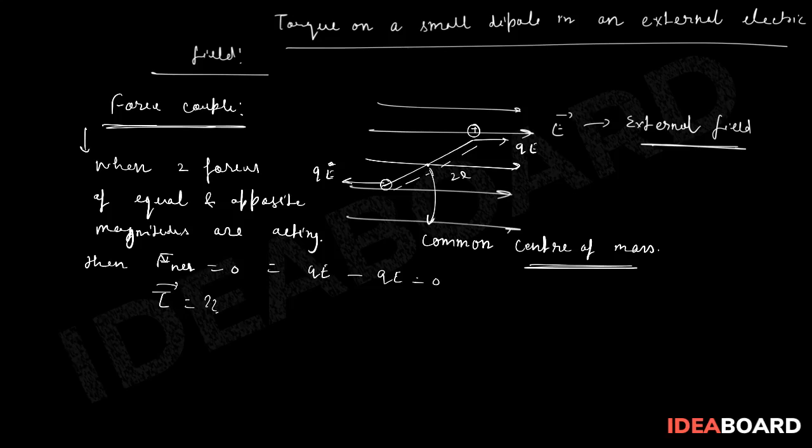So clearly if this is the common center of mass, let's say O, then this length is going to be L. We can draw a perpendicular here and also here.